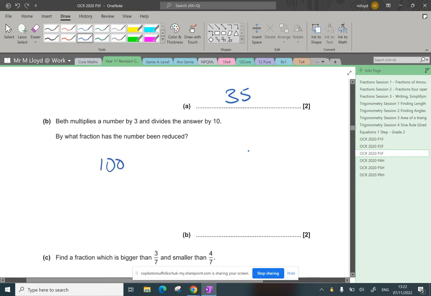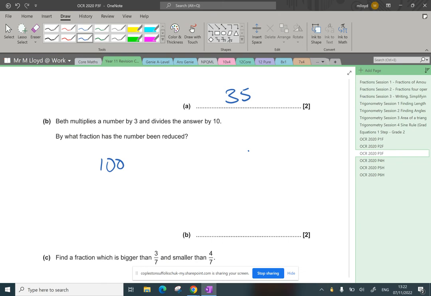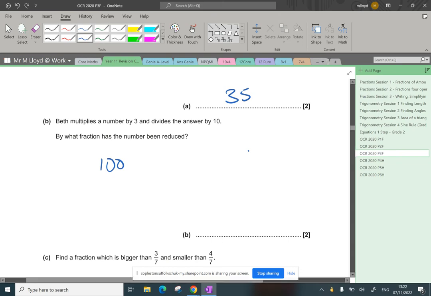But just go with 100 here. Times by 3, divided by 10. Let me just check this. 100 times by 3 divided by 10 makes it 30. Good. So that's a reduction of 70 over 100, which is 7/10. That's what I thought. Super.